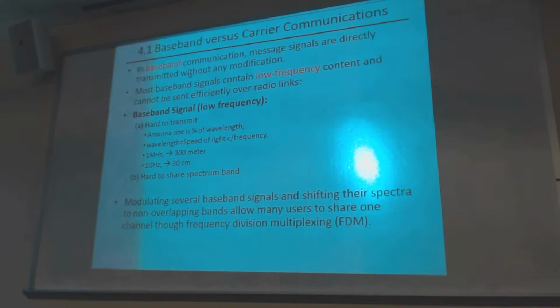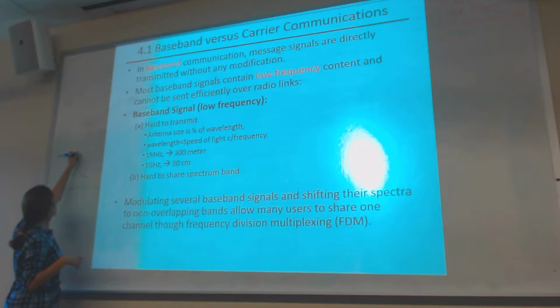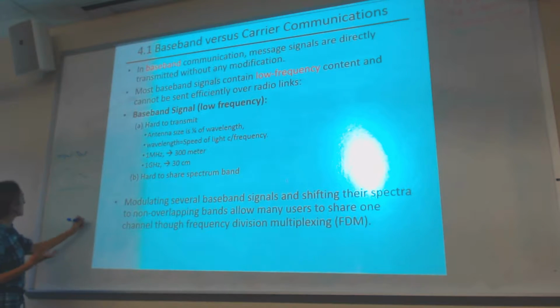Okay. So, baseband communication. What's baseband communication? Baseband communication is when we have the original signal. So when I'm talking and I have some original signal, this is in the baseband.